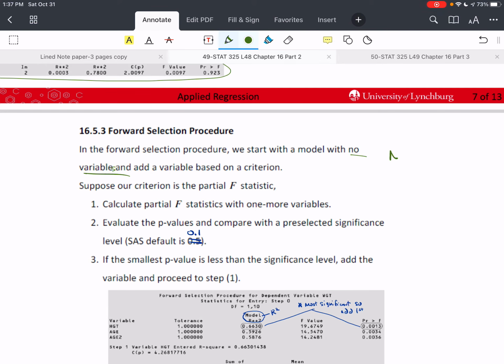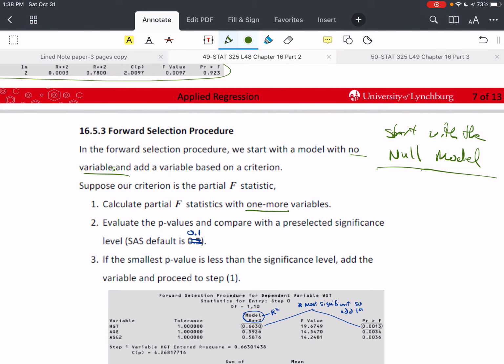So we start with the null model, just the intercept. Okay, and so we're going to do one variable at a time. This person has said one more variable, but we're adding one variable at a time.